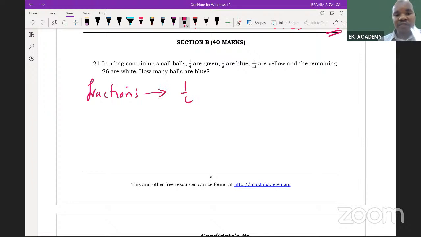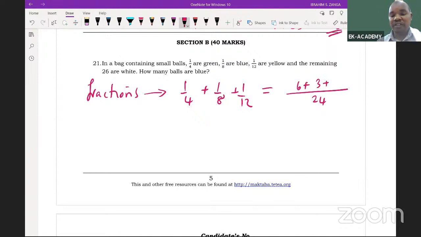So you have 1/4 plus 1/8 plus 1/12. We are going to combine these. LCM is going to be 24. 24 divided by 4, 6. 6 times 1, 6. 24 divided by 8, 3. 3 times 1, 3. Plus 24 divided by 12, you get 2. 2 times 1 equals 2.